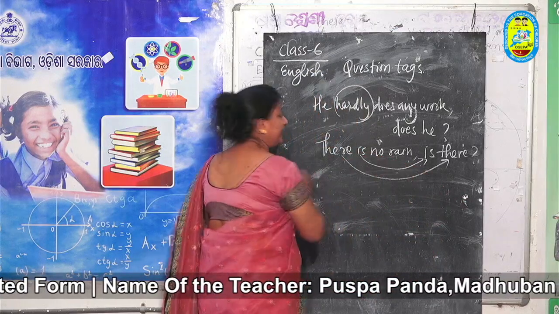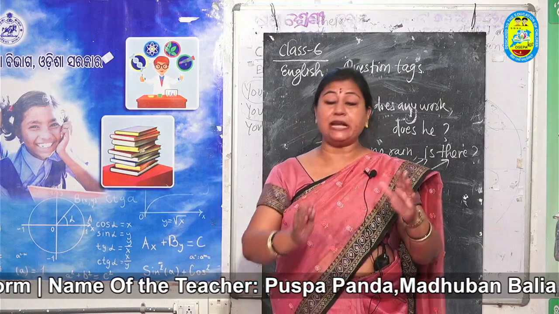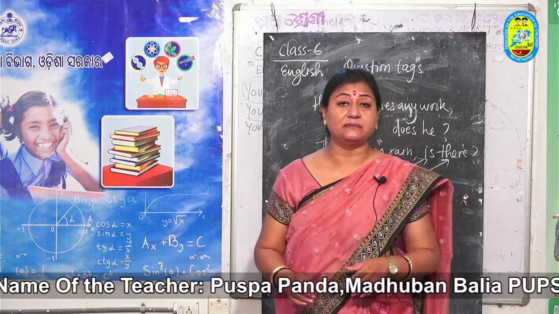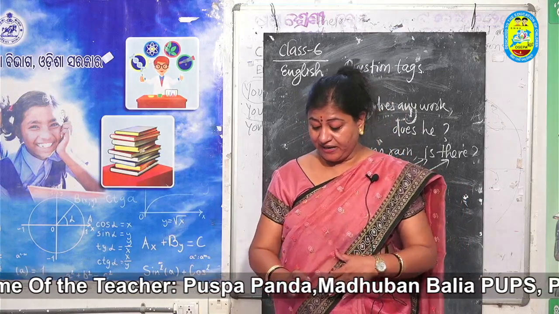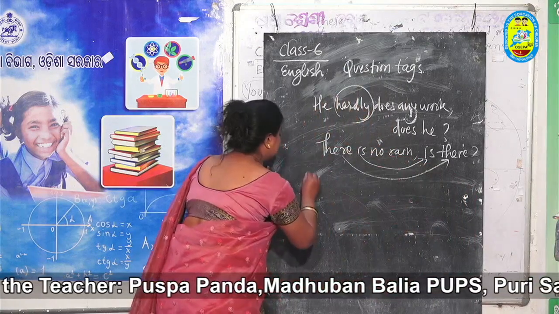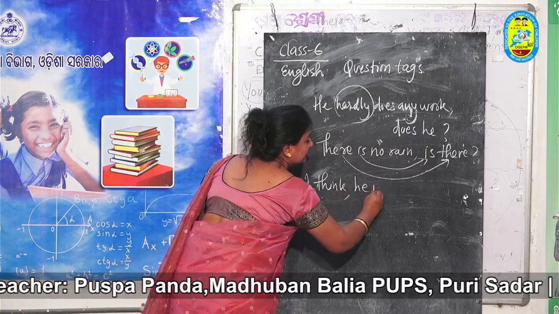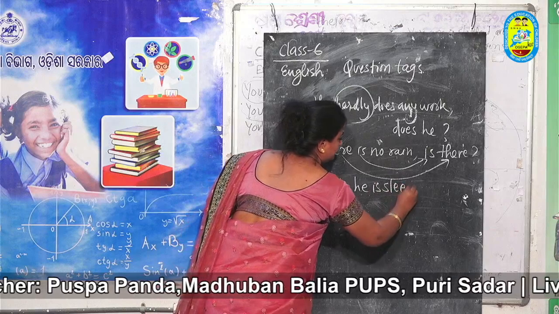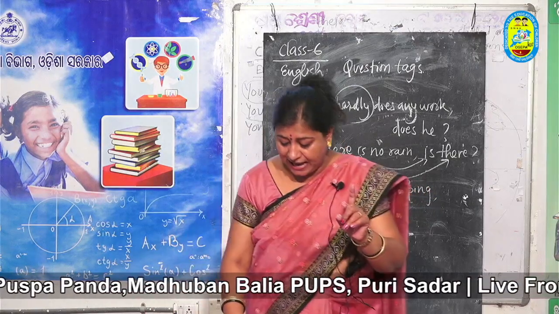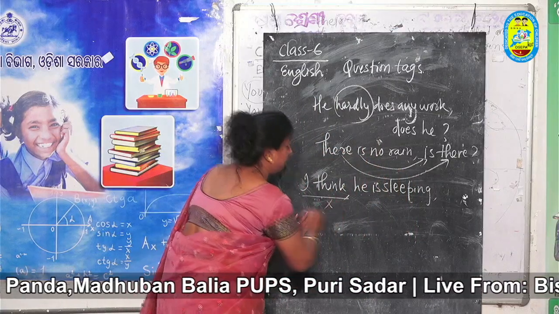Then rule 3. Rule 3: the question tag is made in accordance with the main part of the sentence. I think he is sleeping. Isn't he? Here, see, I wrote I think he is sleeping. "I think" is not the main part of the sentence.